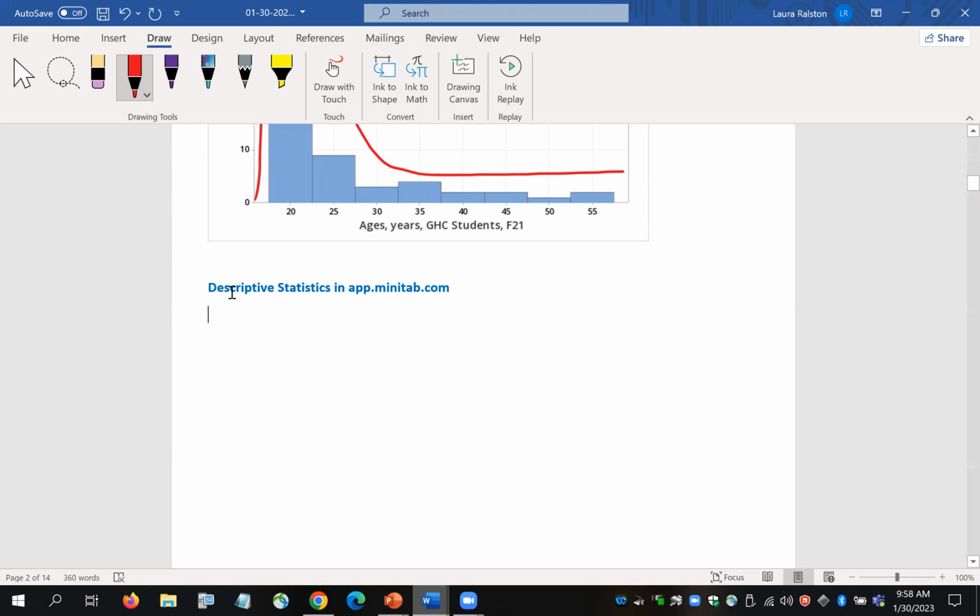Okay, so in Minitab, to get to the descriptive statistics that we need, we're going to go Stat, Basic Statistics, Display Descriptive Statistics.